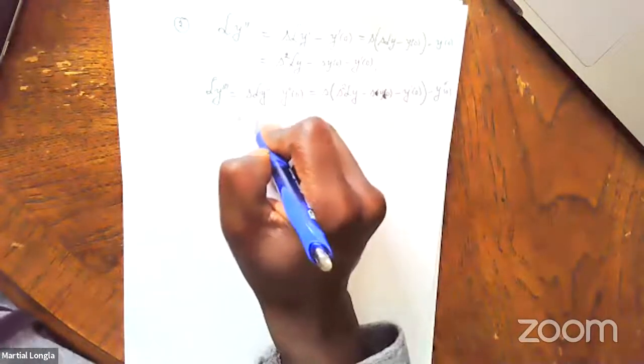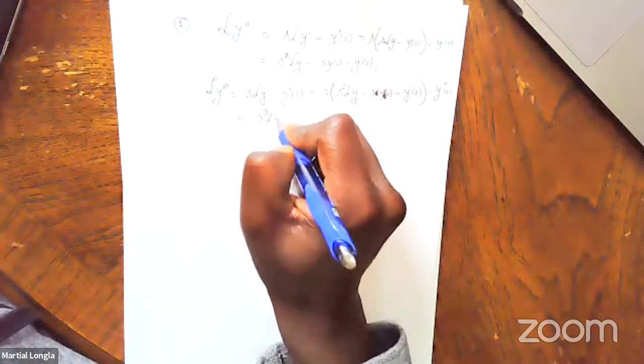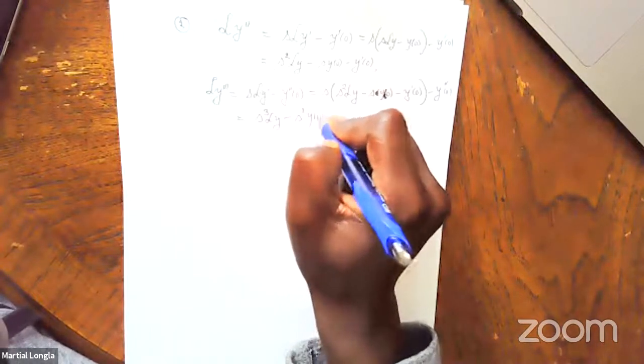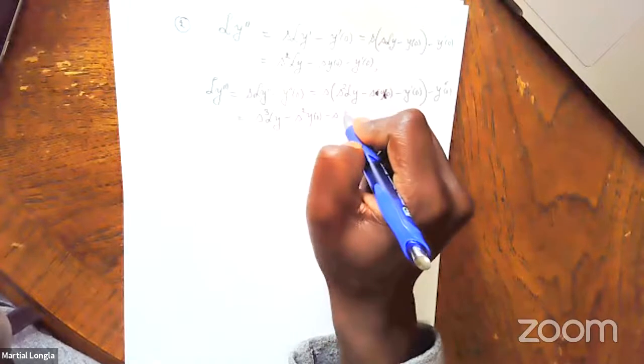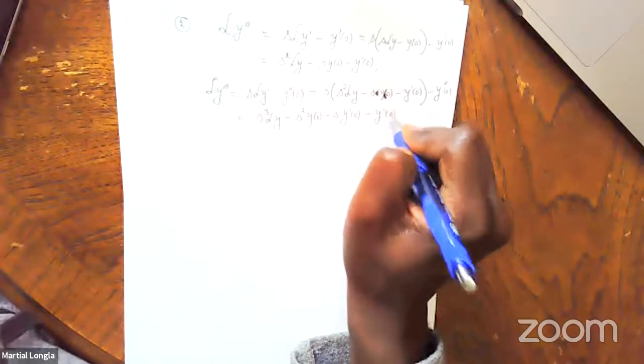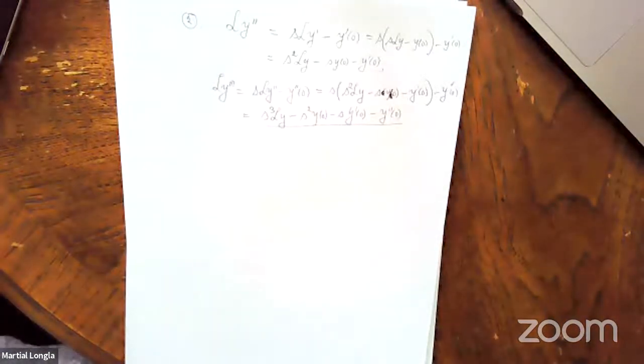And that is equal to s cubed Laplace transform of y minus s squared y of 0 minus s y prime of 0 minus the second derivative at 0. So that's for the third. And you can continue with the fourth, fifth, sixth, and so on.